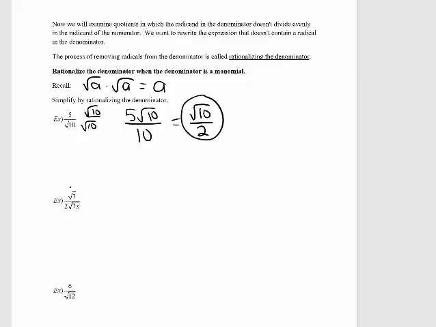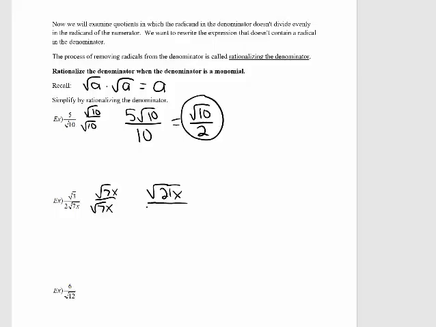Now I have a radical in both the numerator and the denominator, but 7x does not divide into the square root of 3. So again, I cannot use the quotient rule for this, but I can rationalize the denominator. So I'm going to multiply the top and the bottom by the square root of 7x. So the square root of 3 times the square root of 7x is the square root of 21x.